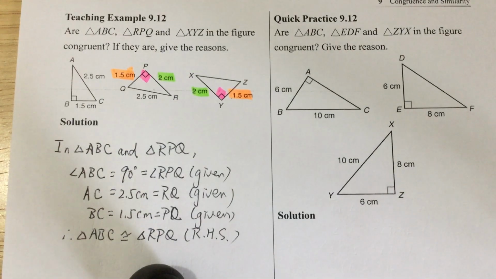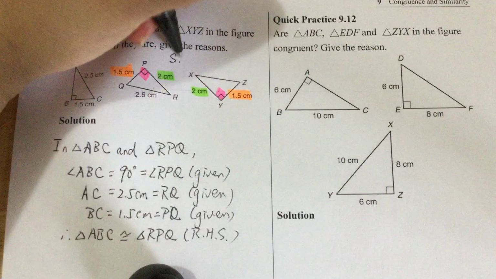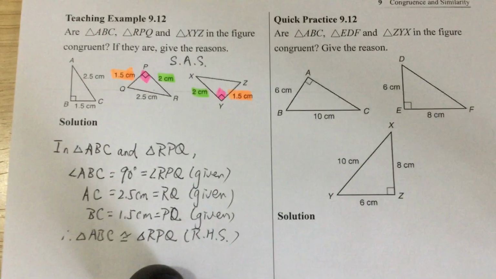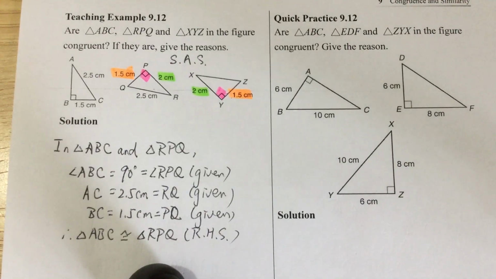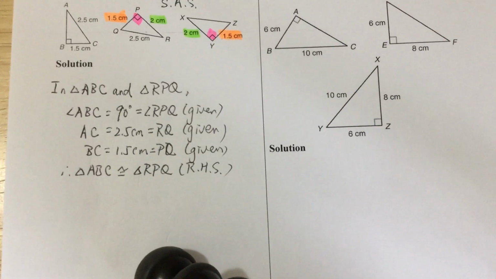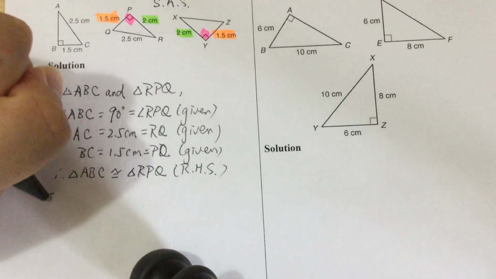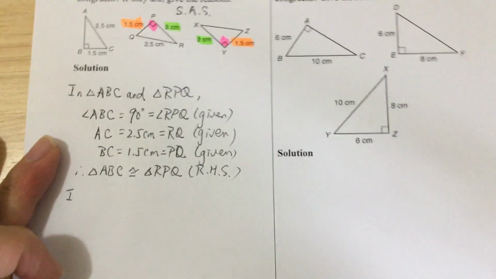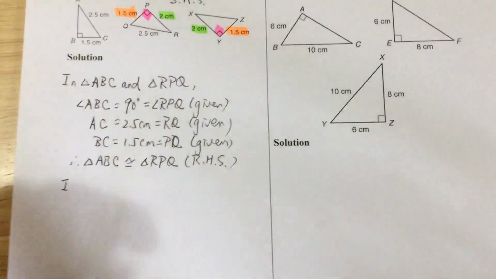So this one is SAS, the angle between two sides. So I can prove it by SAS, and we can still find a way to solve the problem. Let us write down the proof. Let me move the leg a little bit so that you can see clearly.